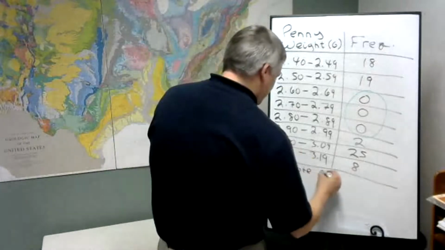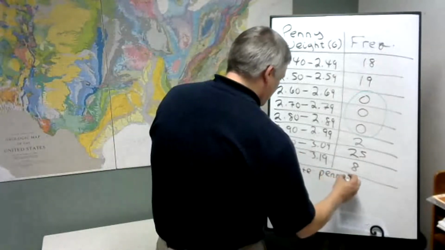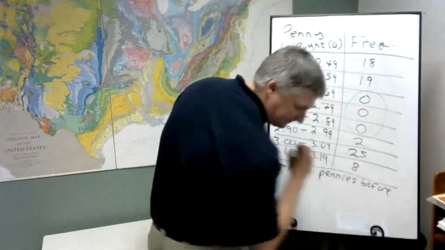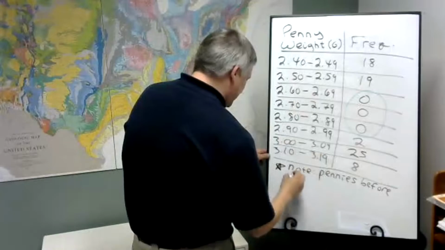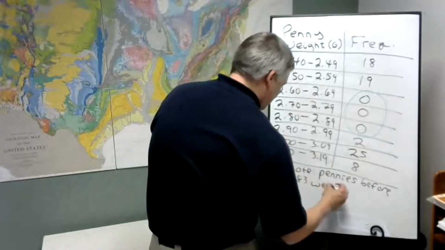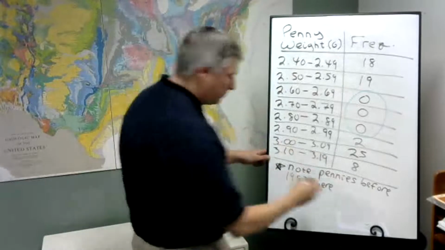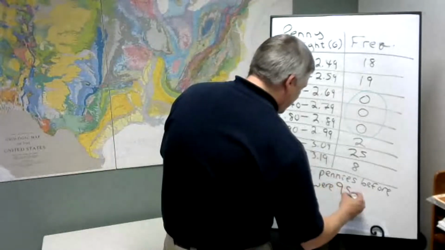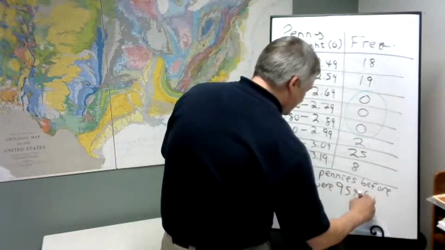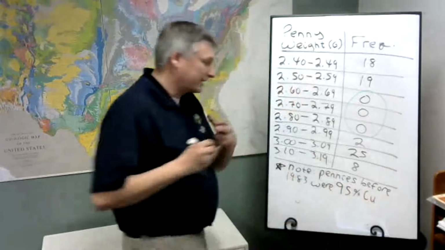So pennies before 1983 were 95% copper. I'm going to use Cu, which stands for cupric.